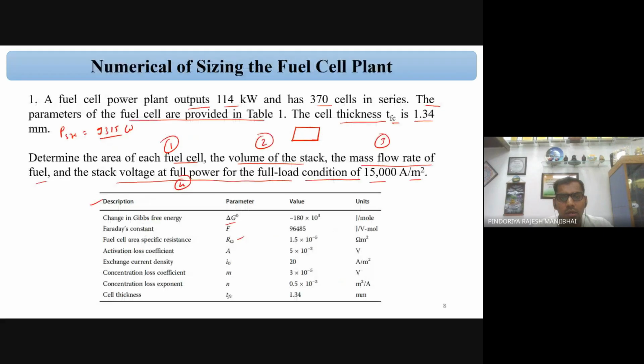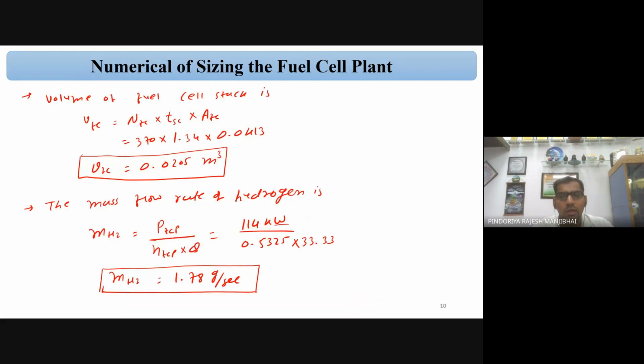Finally, the mass flow of the hydrogen is 1.78 gram per second. Okay, so that is the conversion. If anything is missing, please let me know. In the previous class you said meters cube, correct? Please let me know if any mistake. So this is the mass flow of the hydrogen.